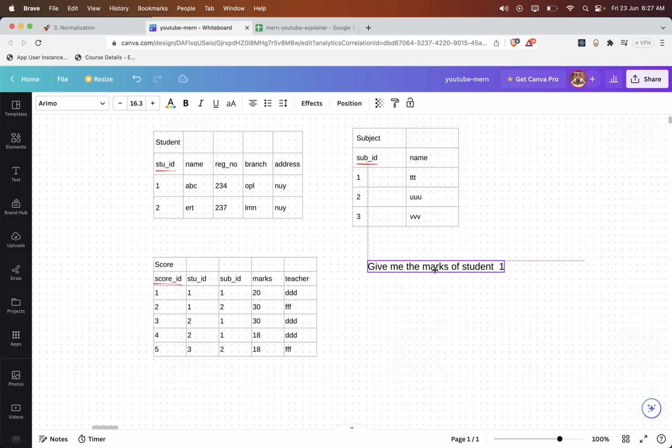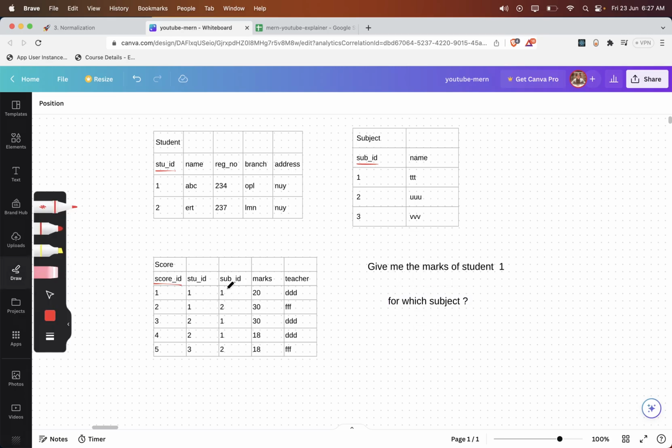Give me the marks for the student whose ID is 1. You'll ask me a question: for which subject? Because if you see over here, student 1 has taken 2 exams, for this subject and this subject.